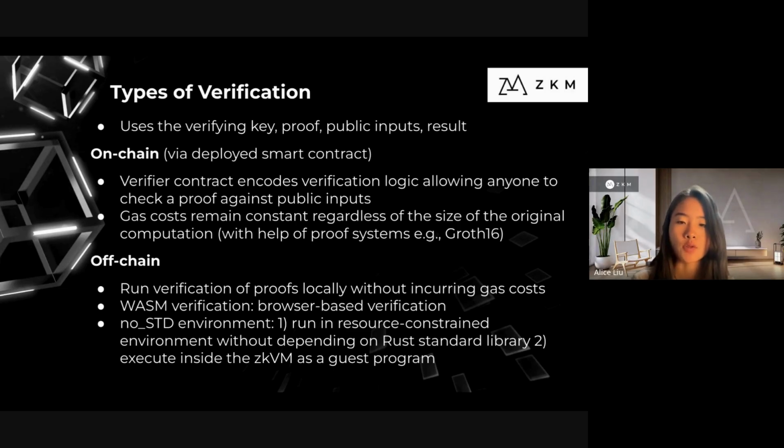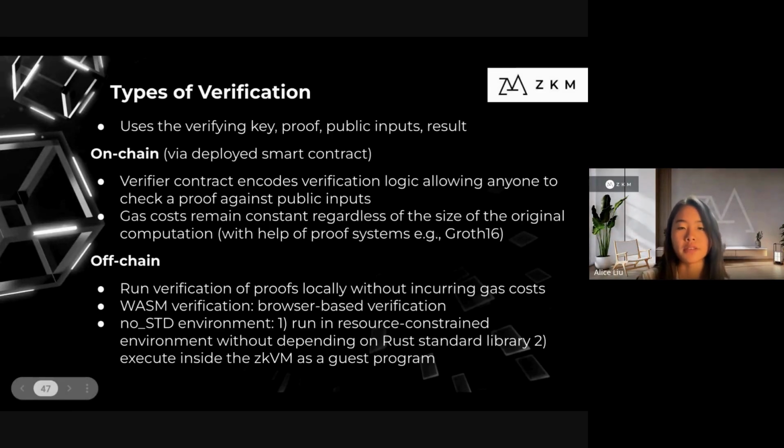However, gas costs remain constant regardless of the original size of the computation, and that's because of the help of some proof systems like Groth16. So if you have a computation that's a million different steps versus a computation that's just one step, the verification cost and time remain constant.